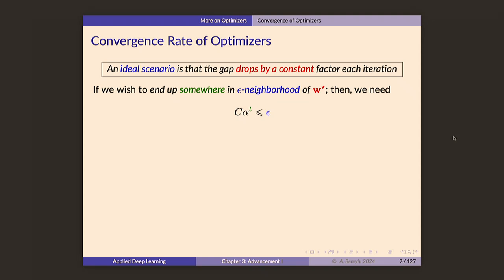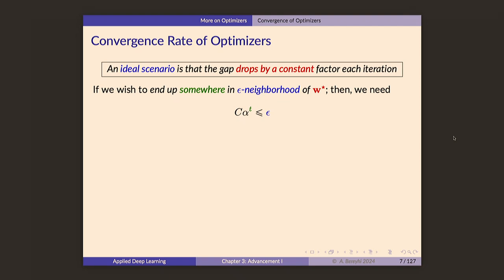If the initial optimality gap was C, then our optimality gap is always smaller than C times alpha to power t, right? So if I make sure that this quantity is smaller than epsilon, then definitely the true optimality gap is also smaller than epsilon, correct?